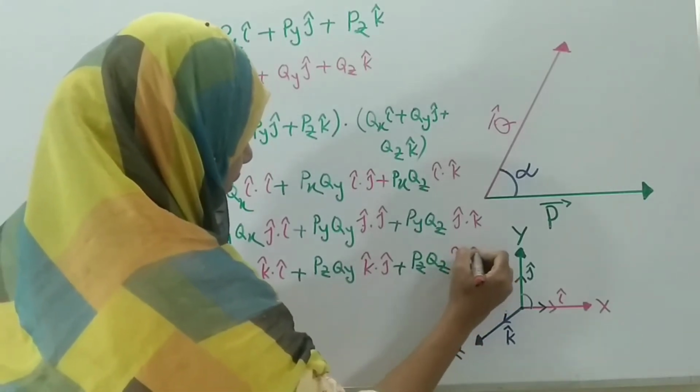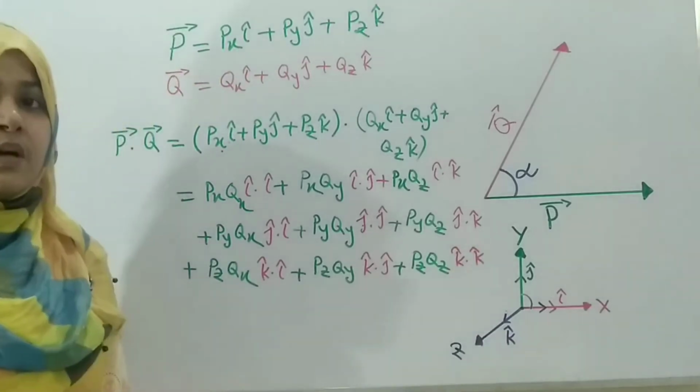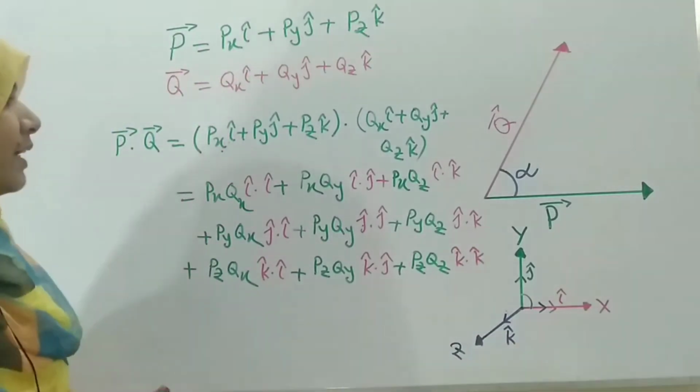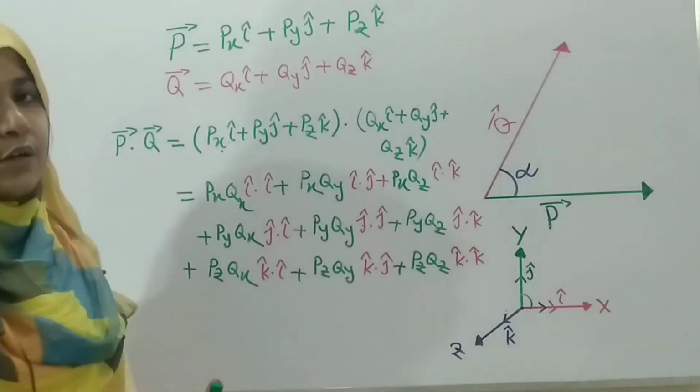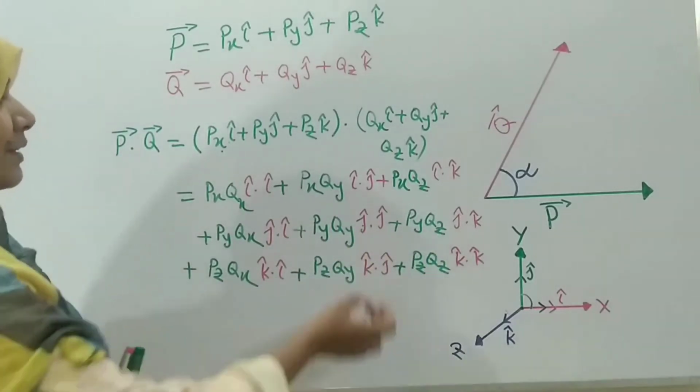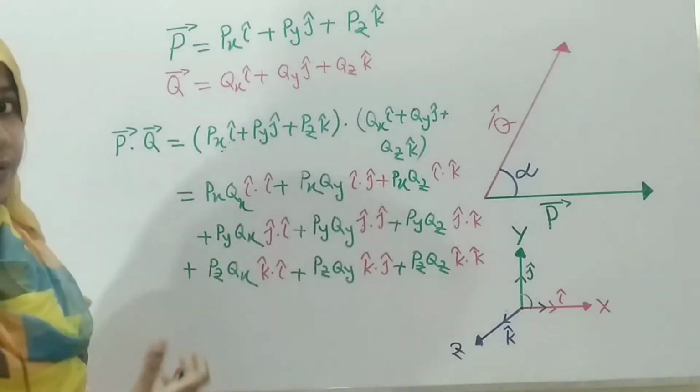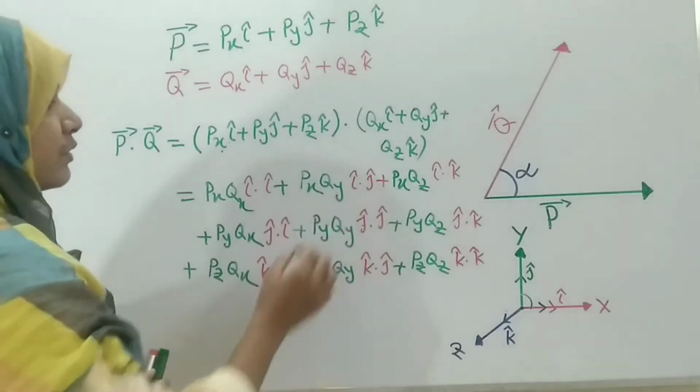Now we have already learned that i dot i, j dot j and k dot k, the value will be 1, and whenever we multiply the different type of unit vector, then their products will be 0.